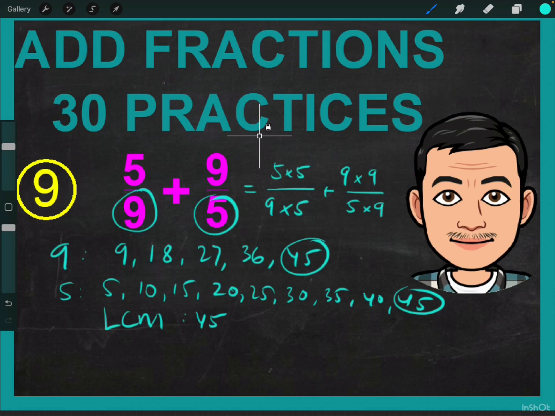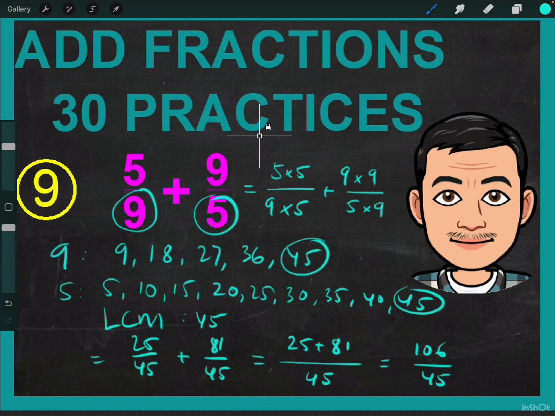So we come out to 25 over 45 plus 81 over 45. Now the two fractions have the same denominator. We just need to add 25 and 81. So the answer is 106 over 45.